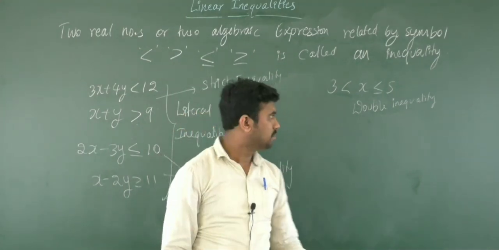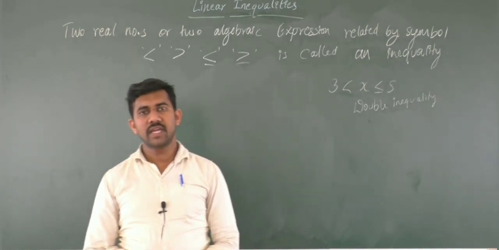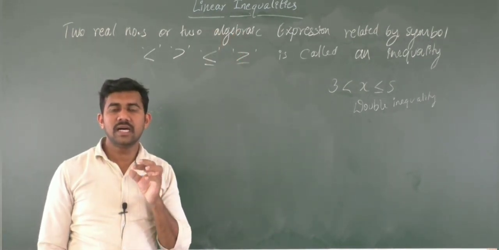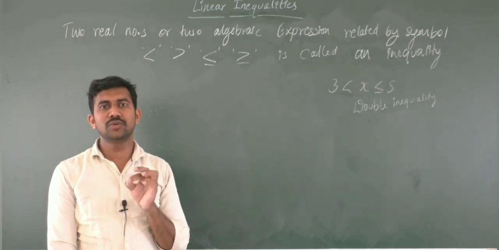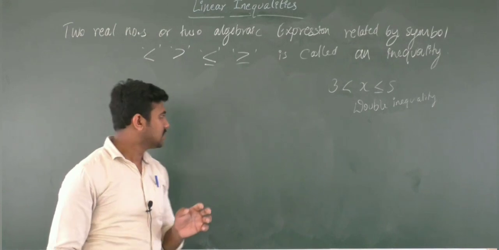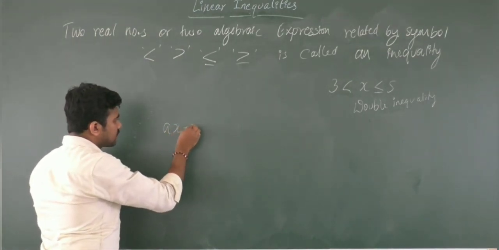Now, what is the meaning of linear inequality? Linear inequality means the inequality should contain a linear function. We know a linear function can be written in the form ax plus b.